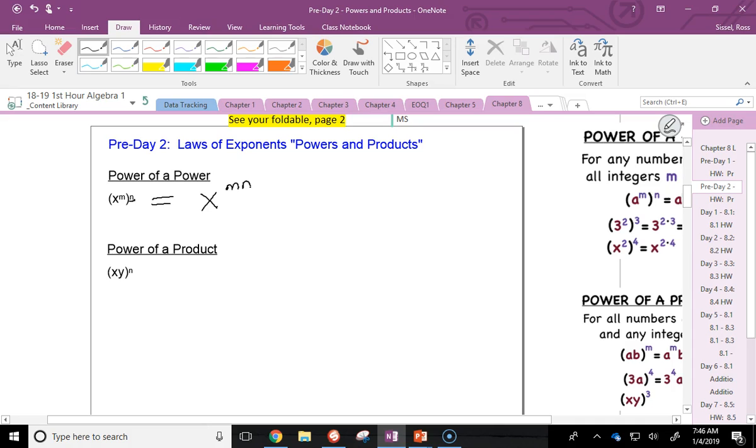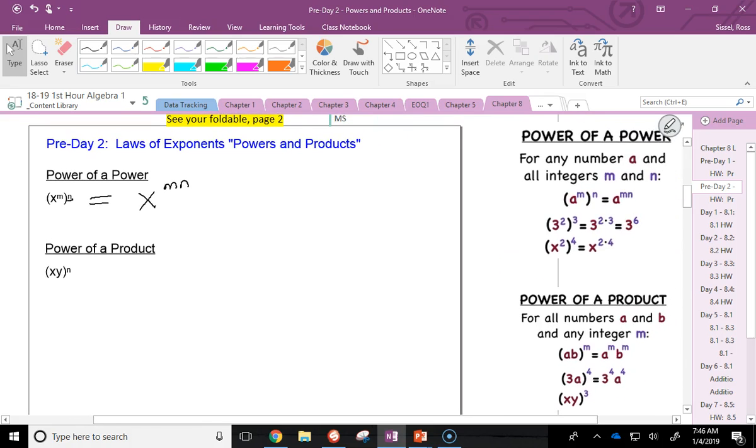Yesterday we added exponents. We added them when I did something like x to the m power times x to the n power. Now we're not doing that. We're using the exponent to multiply everything. If we look at the picture I put in there and you do a number, for example, this might help it make more sense.